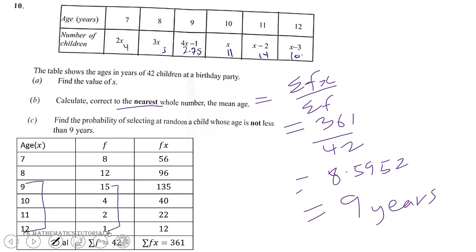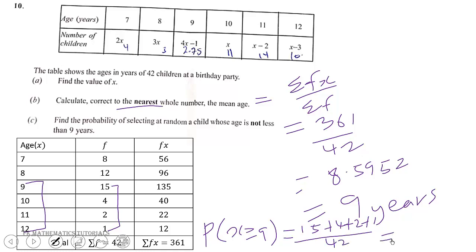That will give you 22. Probability of x greater than or equal to 9 will be equal to 15 plus 4 plus 2 plus 1 all over 42. So that will be equal to 22 over 42, which is the same as 11 over 21.